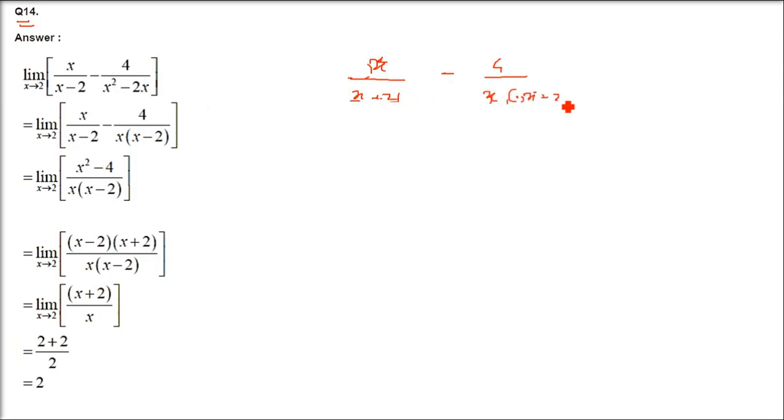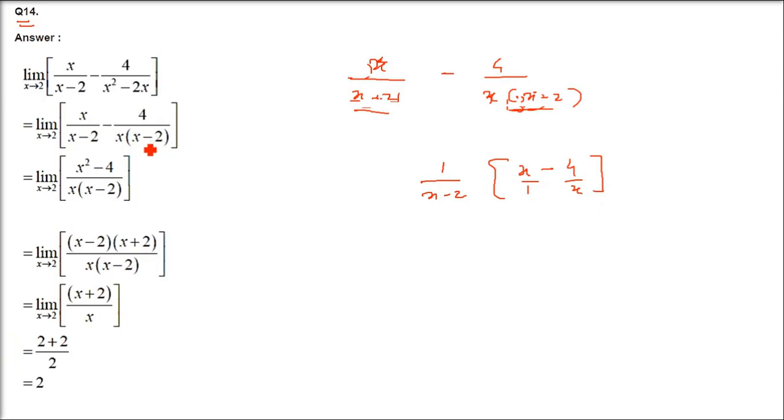If I take x common, it will be x minus 2 inside. So x minus 2 is there, so we can take this x minus 2 out, outside these two, so that you only get the easy values to deal with. So 1 by x minus 2 taken common, you are only left with x minus 4 by x. So what do you get?